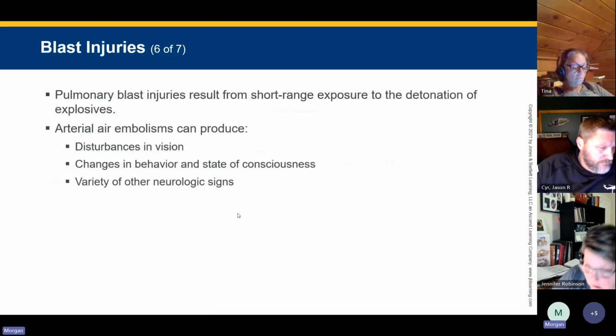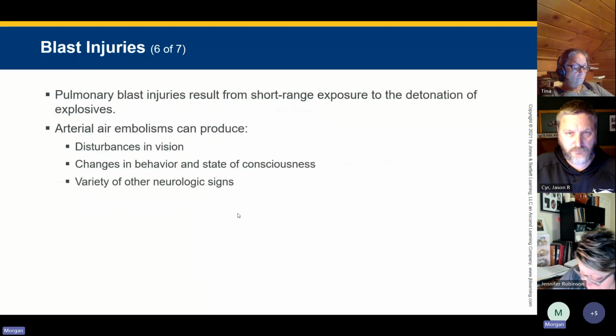Pulmonary blast injuries result from short-range exposure to the detonation. Arterial air embolism can produce disturbance of vision, change in behavior, state of consciousness, and a variety of other neurological signs. Like somebody who's having a concussion.